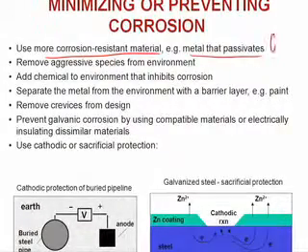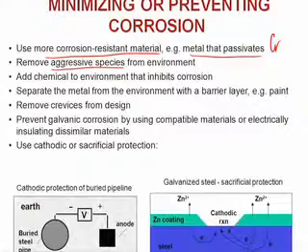So we can add chromium, we can add elements, or pick a material that's very corrosion-resistant. Usually, they're more expensive than those that are susceptible to corrosion. But again, if you're considering lifetime costs, you want to design with a material that's going to survive for the lifetime.